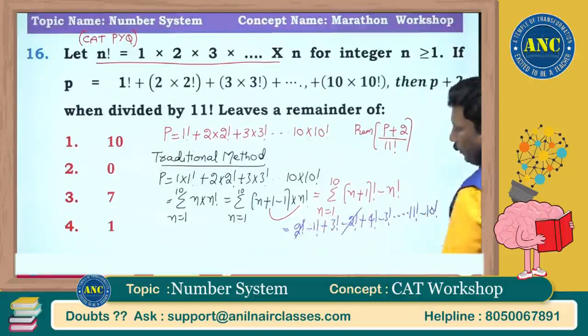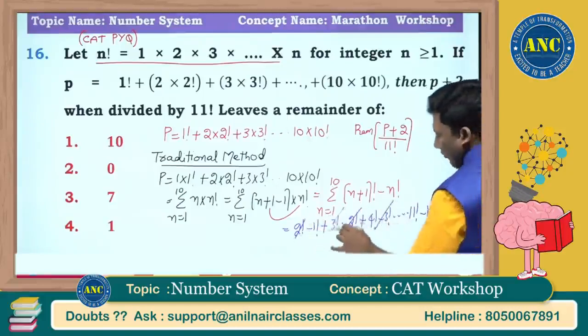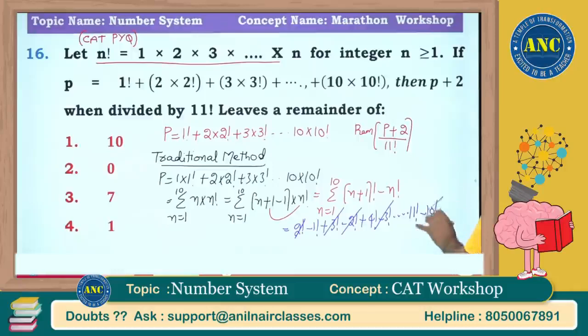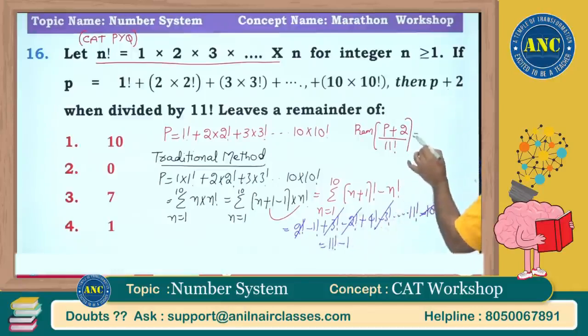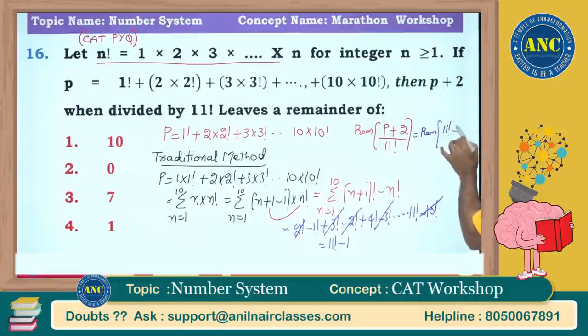Minus 2 factorial plus 2 factorial cancel, minus 3 factorial plus 3 factorial cancel. So it is 11 factorial minus 1. So P plus 2 becomes 11 factorial minus 1 plus 2.